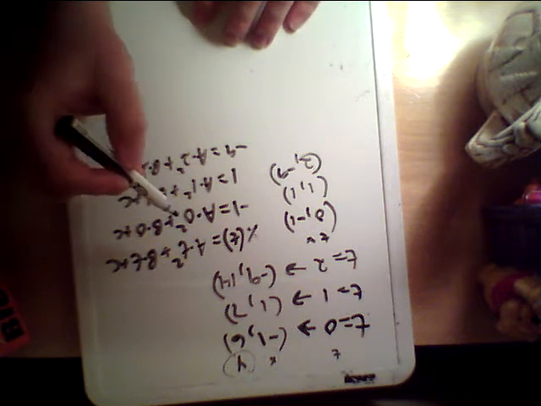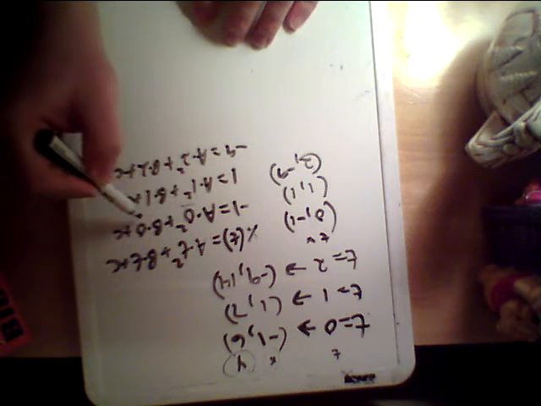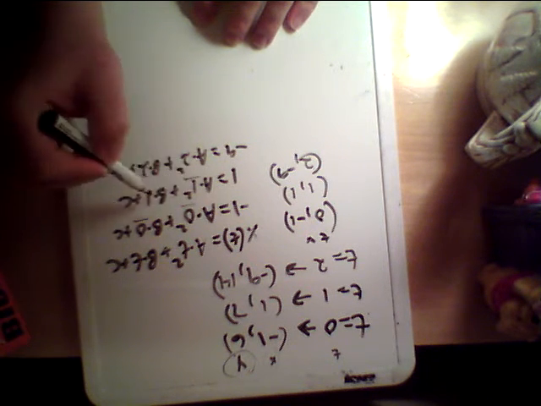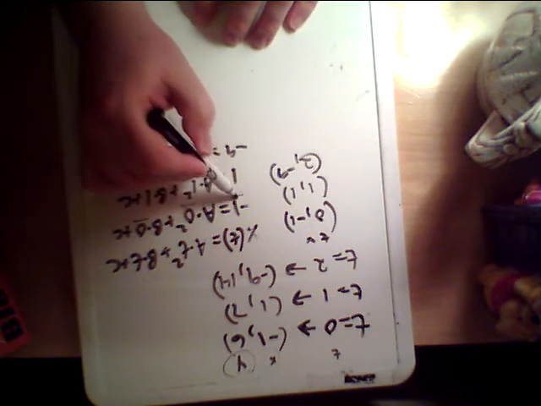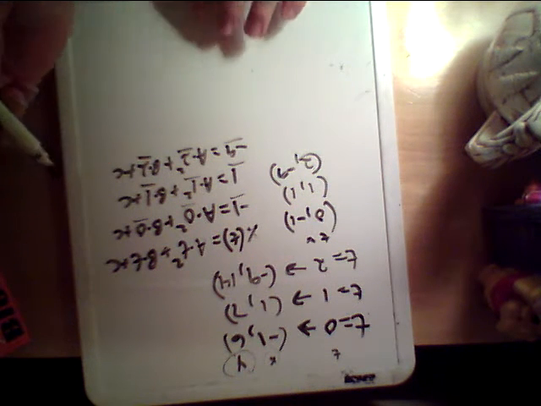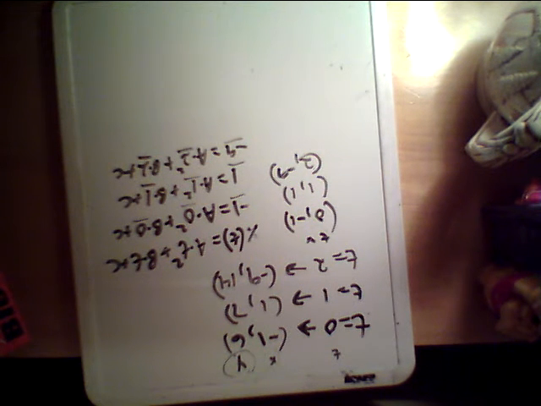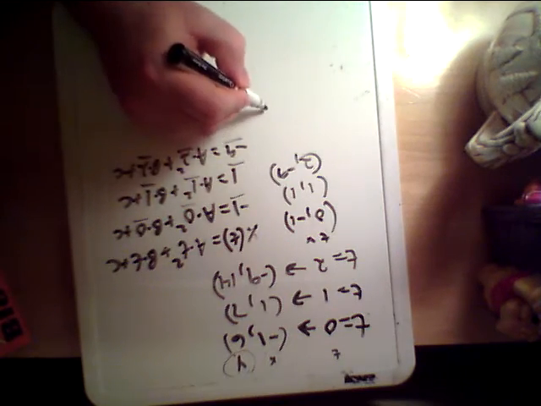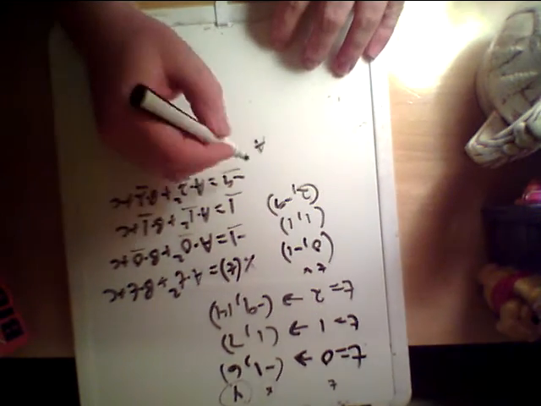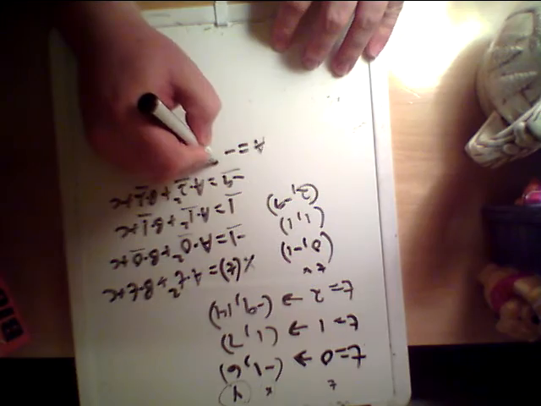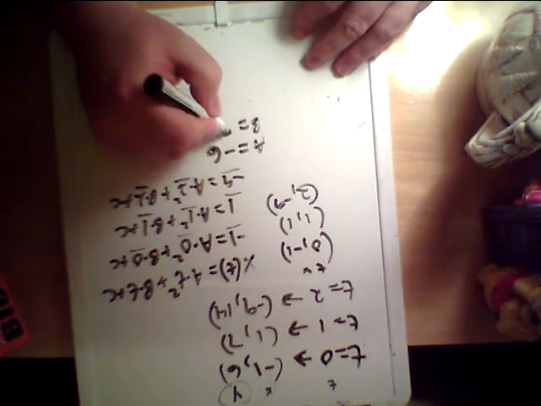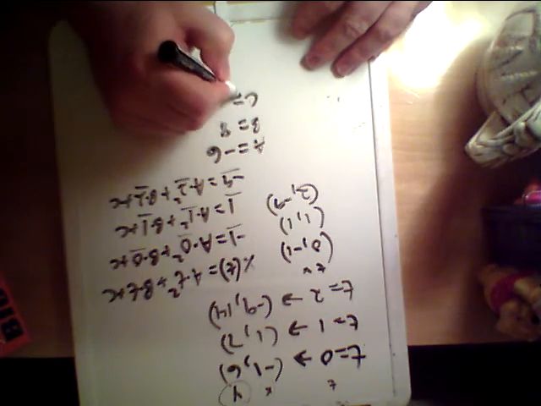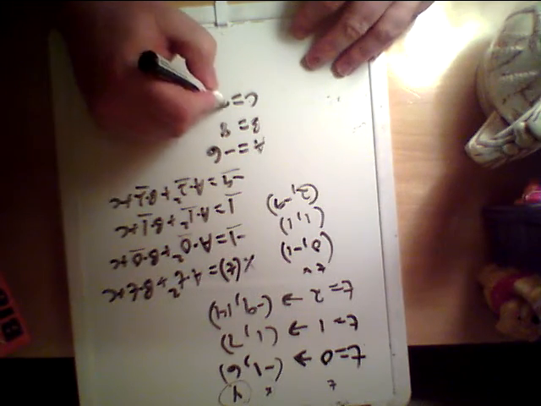And hopefully by now you can just plug these coefficients into that blue calculator. There is a way to solve this by hand. It's a pre-calculus skill and not a particularly useful one, so we're just going to use machines for this, and we're going to come up with a equals -6, b equals 8, and c equals -1.